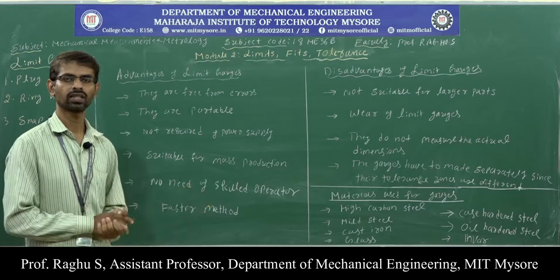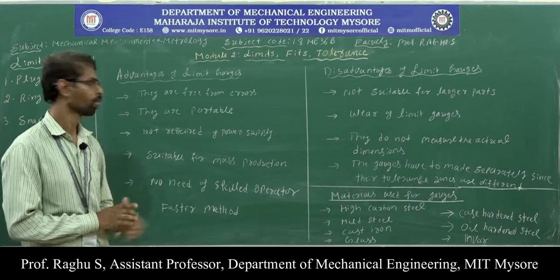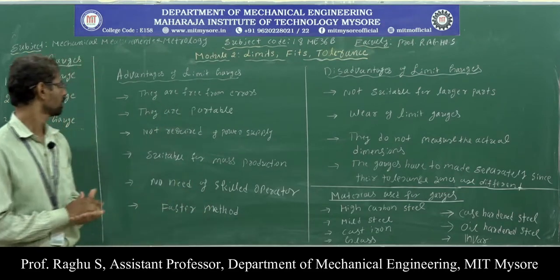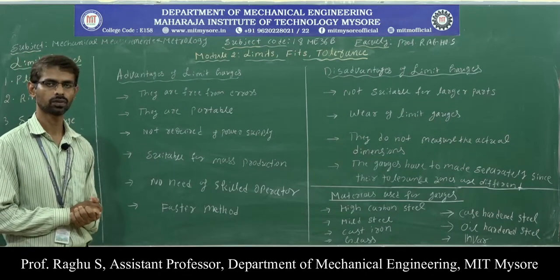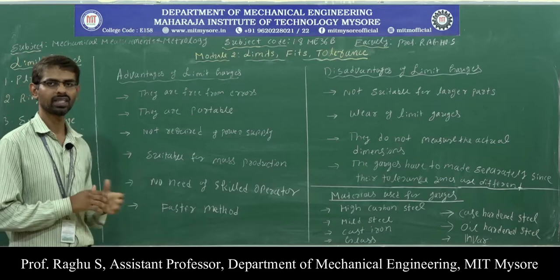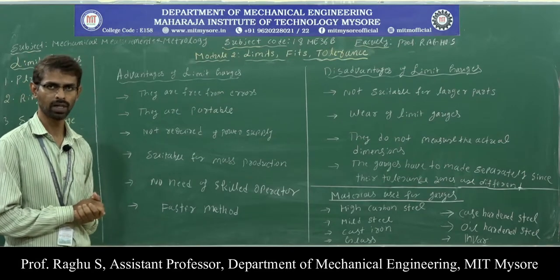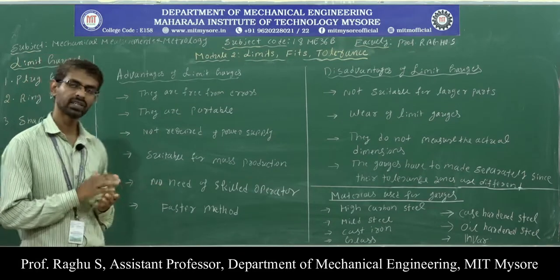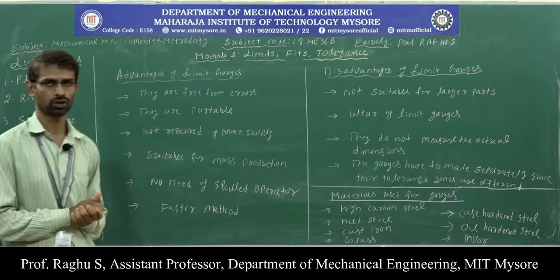Next, let us discuss some advantages and disadvantages of limit gauges. Limit gauges are free from errors, and limit gauges are portable. Limit gauges do not require any external power supply. Limit gauges are mainly suitable for mass production.